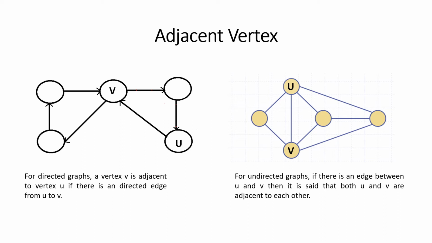In the case of an undirected graph, if there is an edge between U and V, then both U and V are adjacent to each other, or they are adjacent vertices.